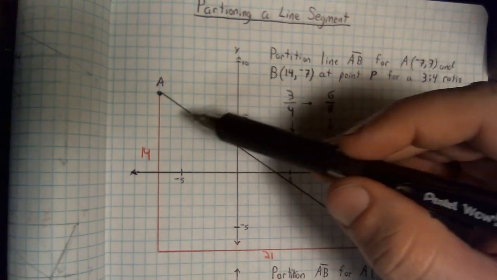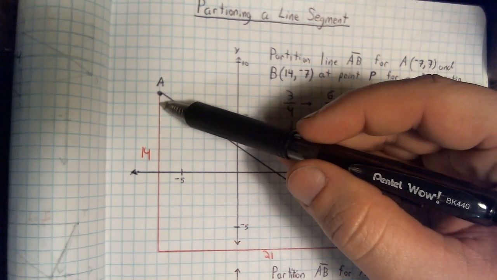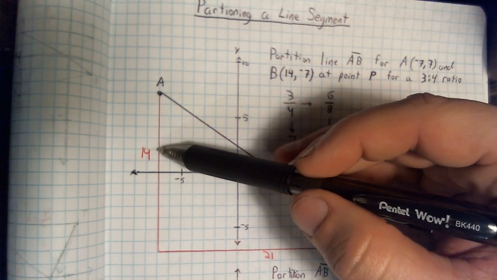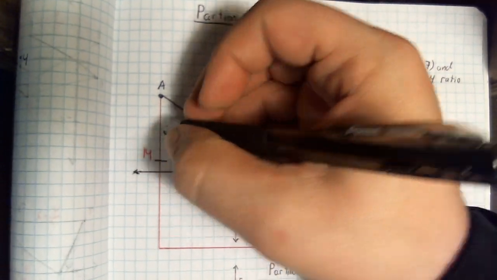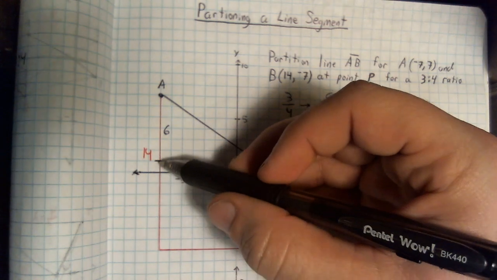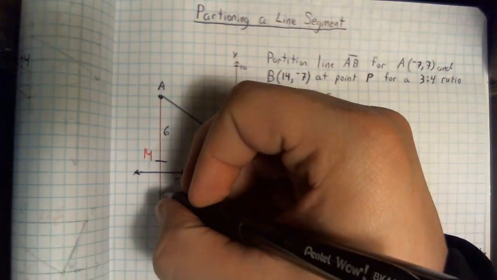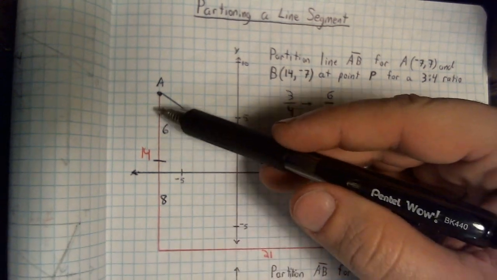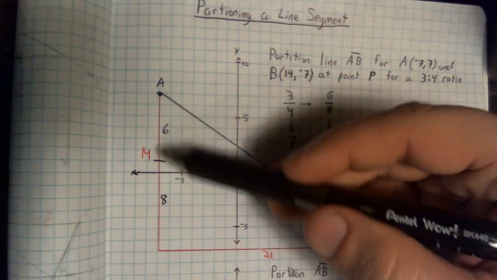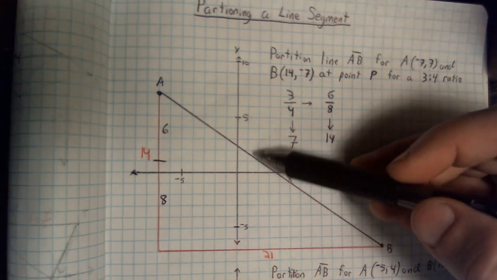So I want to count 6 units from A. 1, 2, 3, 4, 5, 6. And if I was to count the remainder here, I would notice that I actually have 8 units on this bottom piece. So it has been broken up into the proper ratio. However, it's not on the line that we're looking for yet.